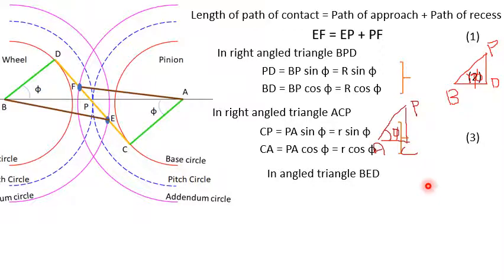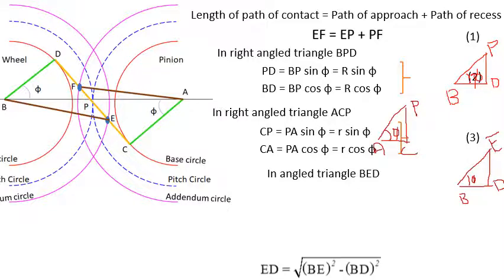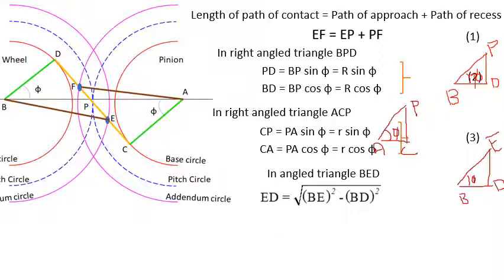Then I will consider the triangle BED. In this triangle, this is phi, this is B, this is E, and D. We don't have the values for this, therefore I will apply Pythagoras theorem in order to find the length of this ED.